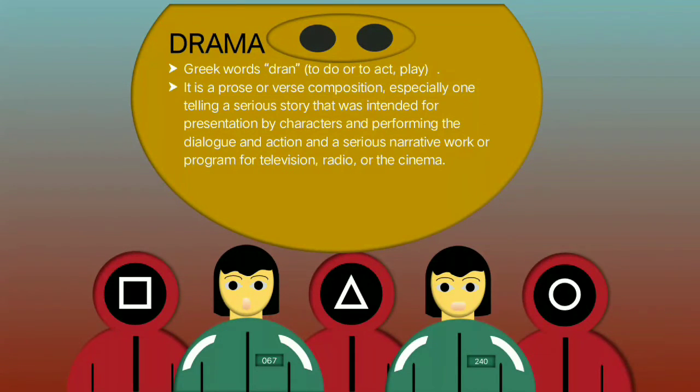So now let us know first what drama is all about. Drama came from the Greek word "dran", which means to do or to act, and it also referred to play. It is a prose or verse composition, especially one telling a serious story, intended for presentation by characters performing the dialogue and action, and a serious narrative work or program for television, radio, or the cinema.